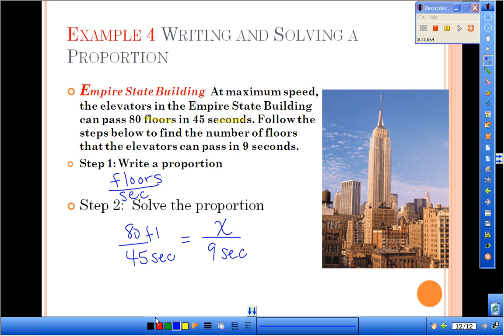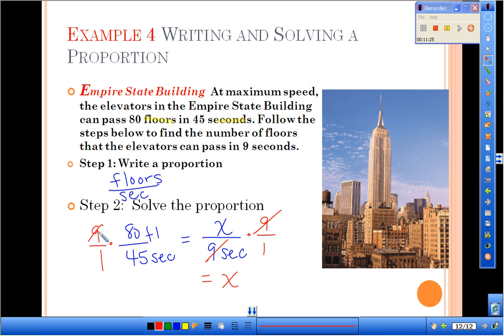Okay, from here, I'm going to use algebra to solve my proportion. I'll start on the side with the variable, and since it's divided by 9, I'm going to multiply by 9, doing the opposite or the inverse operation in order to solve. So this will cancel, and x equals 9 times 80 over 45.